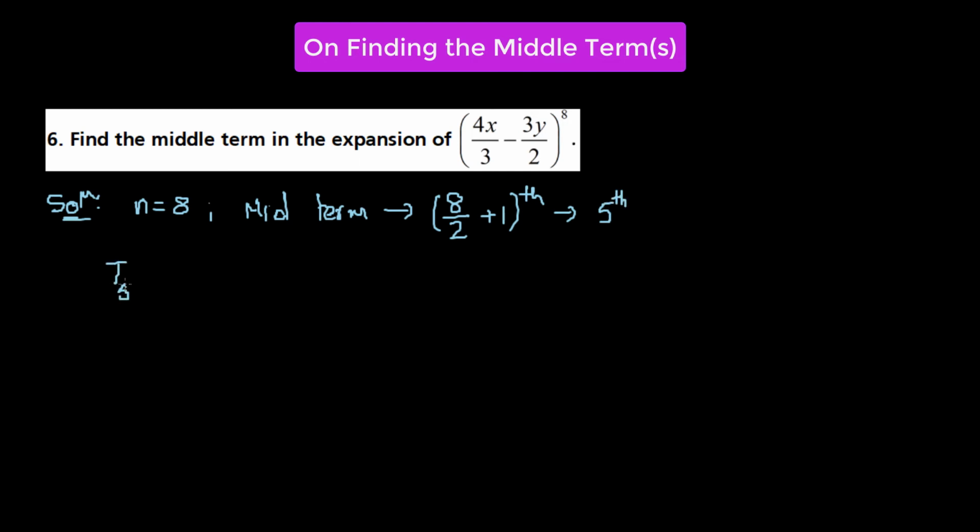We find the value of t5, which is simply t 4 plus 1, equal to 8c4 times the first term, 4x over 3, raised to the power of 8 minus 4, which is 4, times negative 3y over 2 raised to the power 4, which equals 8c4. Now 4 can also be rewritten as 2 squared.